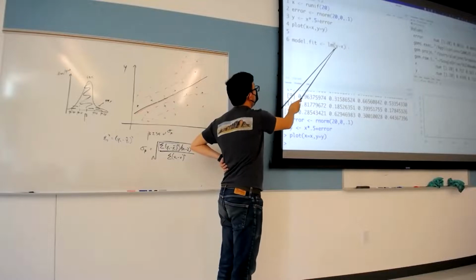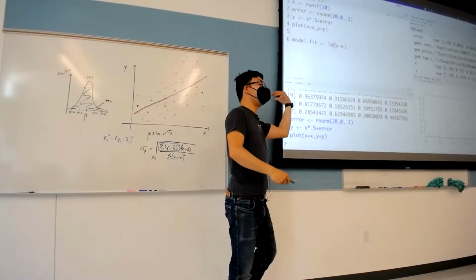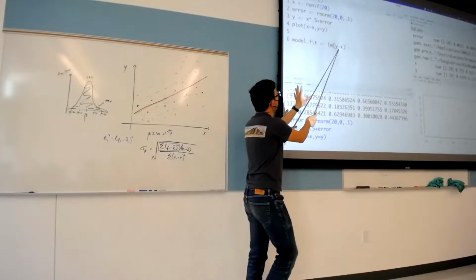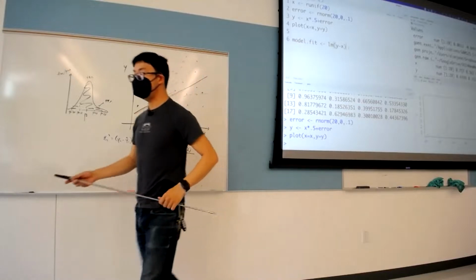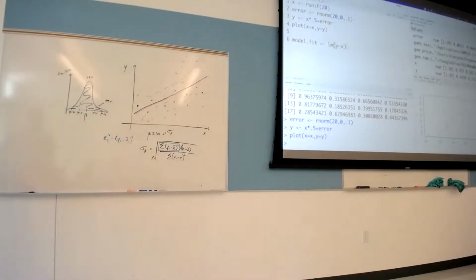This is saying you put your response variable on the left-hand side and your explanatory variable on the right-hand side.